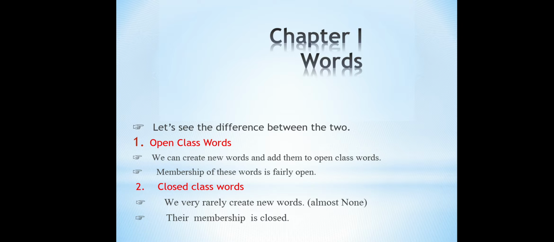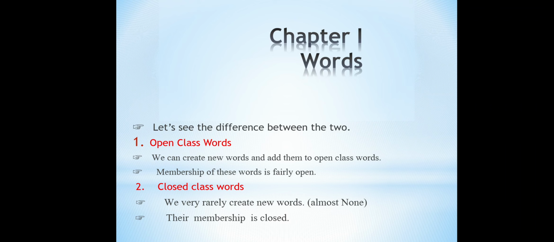Membership is open means that we can create new words and add them to open class words. On the other hand, in the case of closed class words, the membership is closed. It means that we cannot create and add new words to the closed class words. I will explain this difference with two examples.